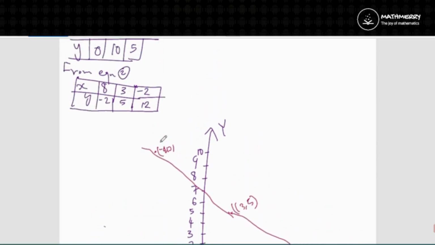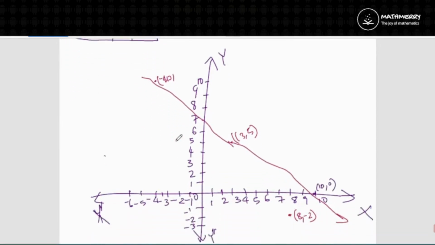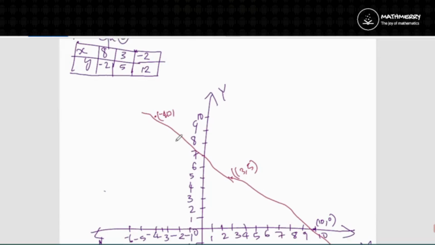Next is 3, 5. It's already there. And minus 2, 12. So 12 should come in the y axis. So it should be here. Minus 2, 12. It will come here. And this is something like this.